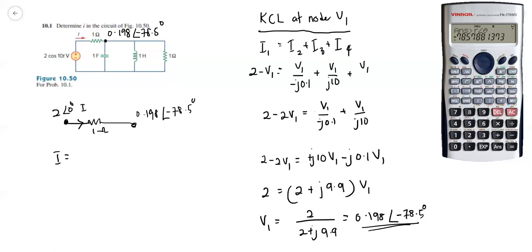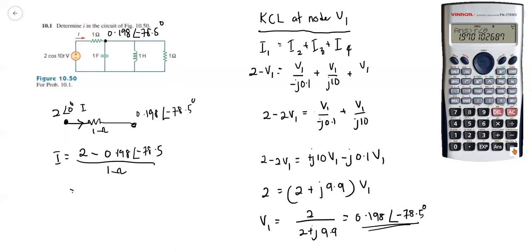The current you can obtain by using this voltage minus this voltage over 1 ohm. So by using the calculator, simply insert 2 minus 0.198 with an angle of negative 78.5. Then convert the answer into polar form.